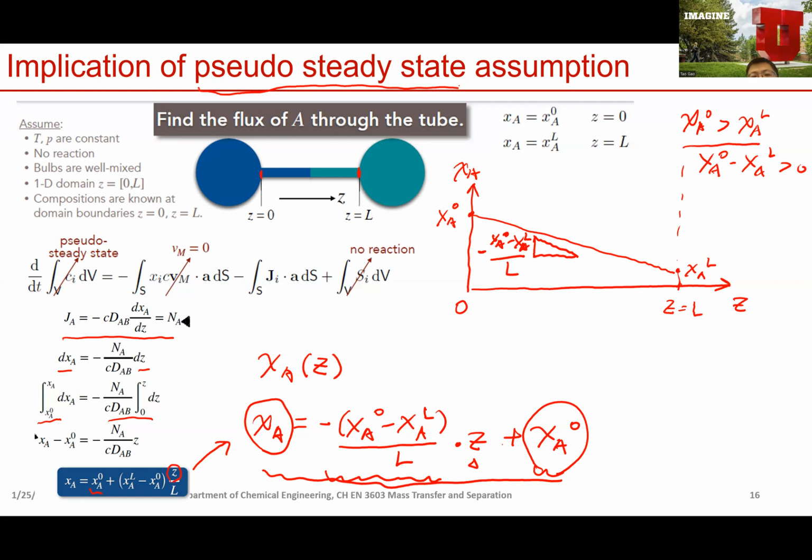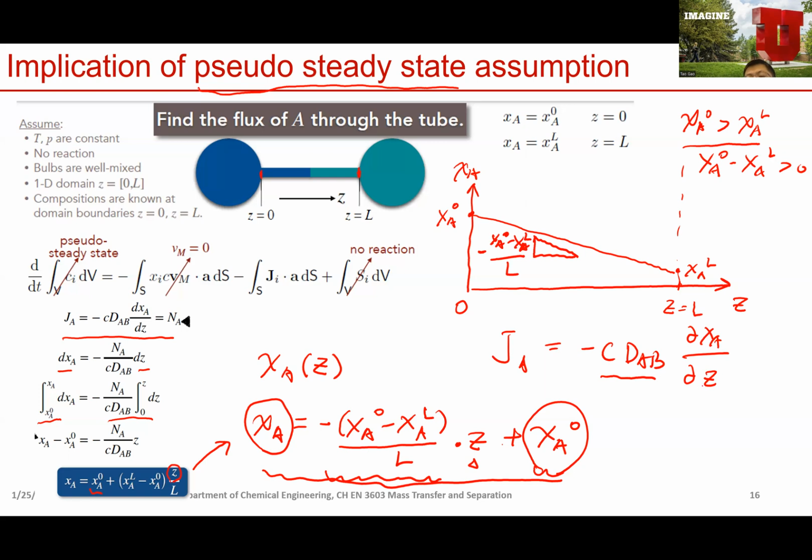So in this case, from Fick's law, we know the flux of A is proportional to C D_AB grad X_A, dX_A over dz, right? So concentration and diffusivity are constants.